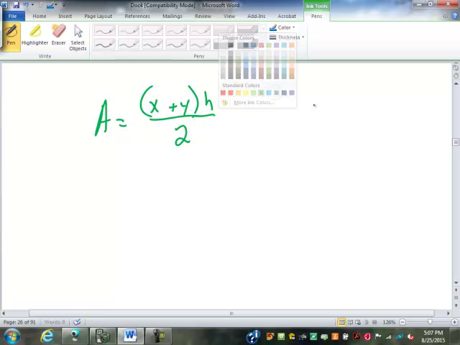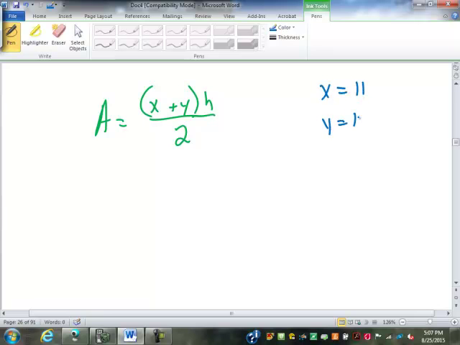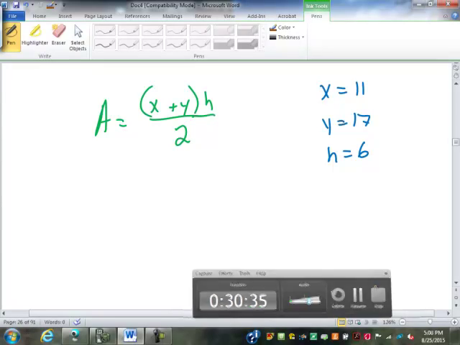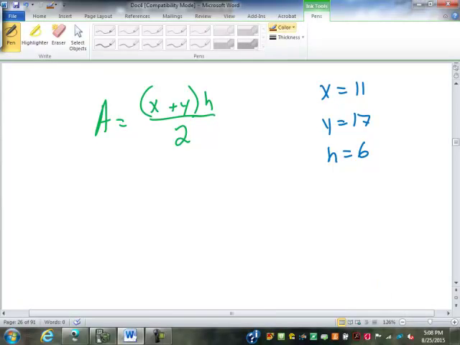So for this one, now let's try to evaluate that. Let's see how you did. So of course we're going to put the numbers in here. This is going to become what? 11 plus 17 times 6, and of course over 2.